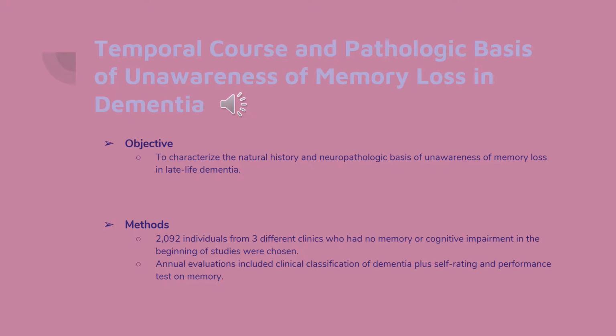Moving on to the next peer review article, called The Temporal Course and Pathologic Basis of Unawareness of Memory Loss in Dementia. This study's objective was to characterize the natural history and neuropathologic basis of unawareness of memory loss in late life dementia.